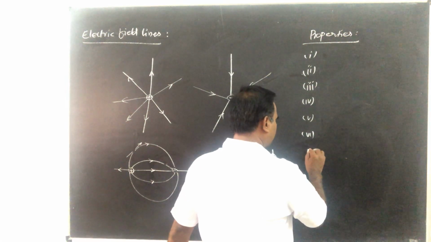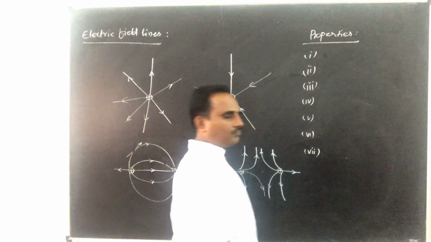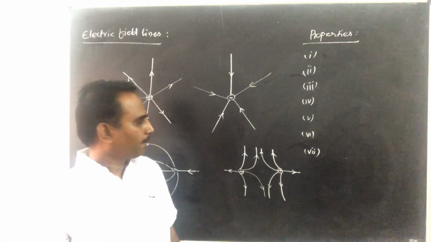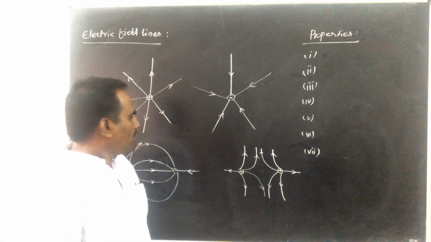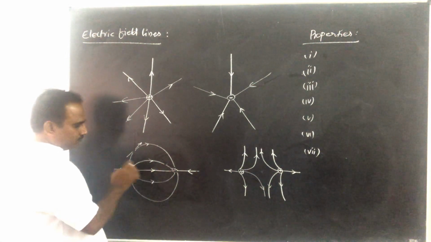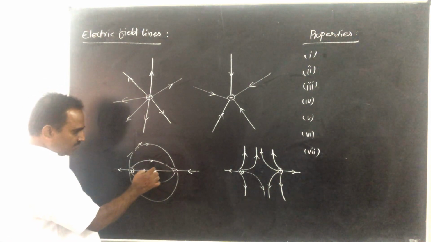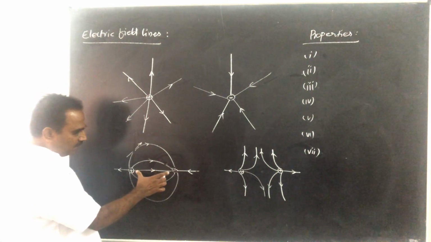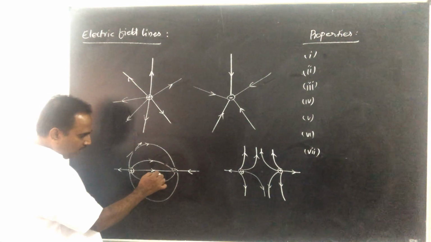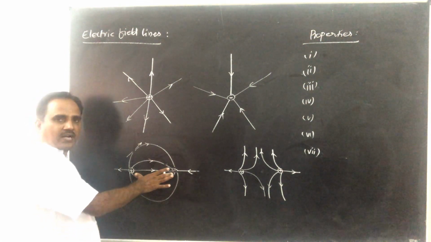The next thing is, in case of unlike charges, there is a longitudinal contraction between these electric field lines. That means this field line tends to contract along its length, which represents that there is a force of attraction here.